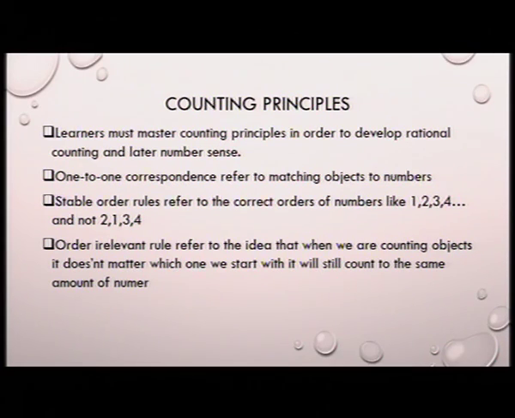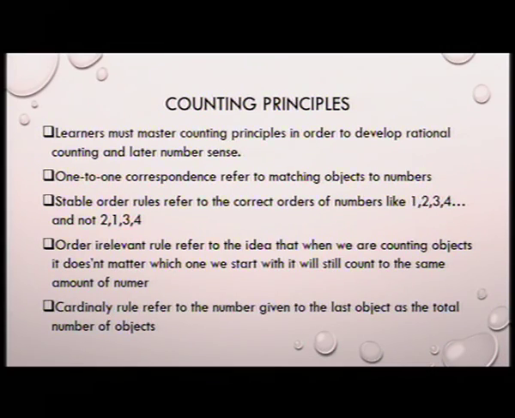It says that even if you start with this one and you call it 1, then the next one you call it 2, 3, 4, 5. Even if you start in the middle, you still get 1, 2, 3, 4, 5. So it doesn't matter which one is which, as long as one number is assigned to one object, the order irrelevant rule says that there will still be 5 objects. It doesn't matter which one you start with at first.